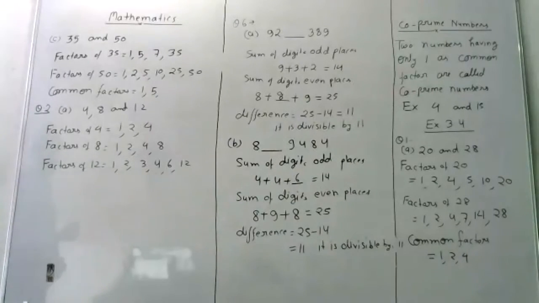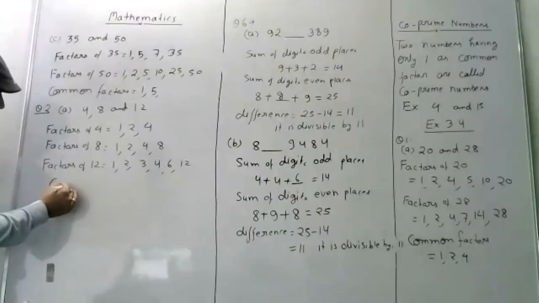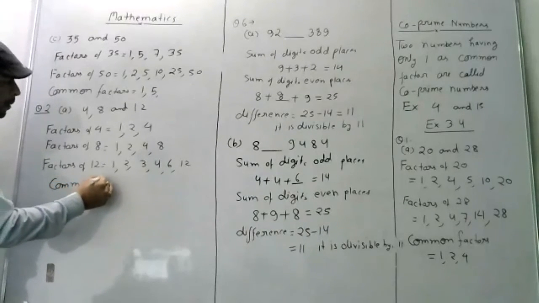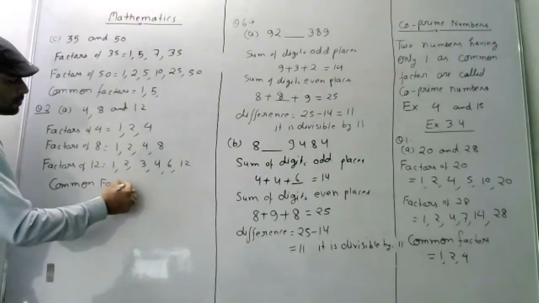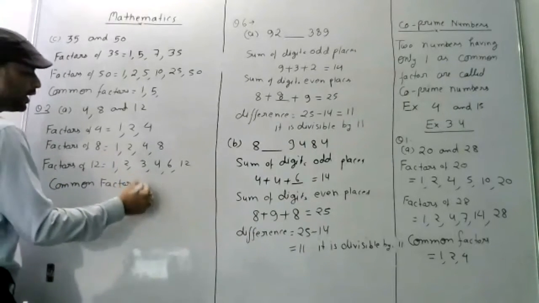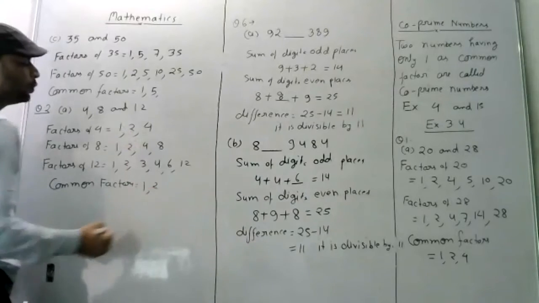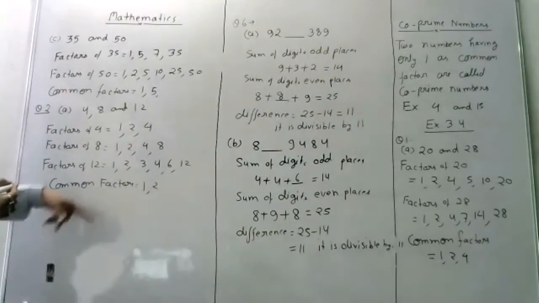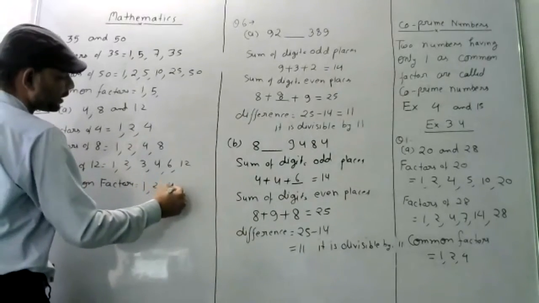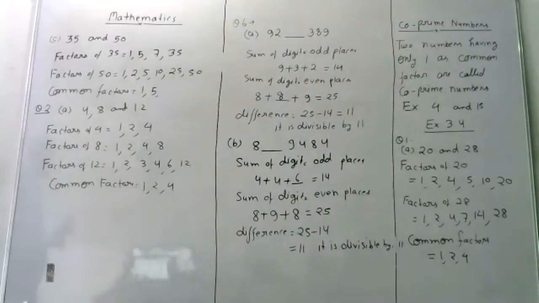Now common factors are 1, 2, and 4 is also a common factor. These 3 factors are common.